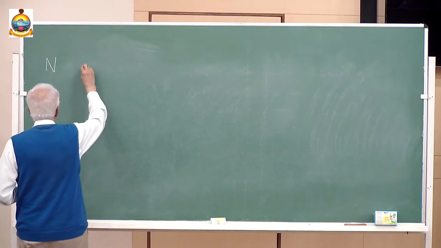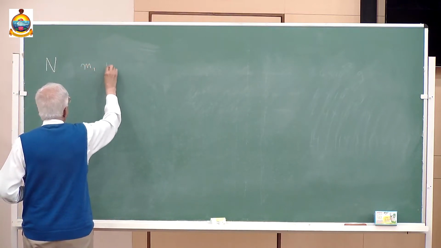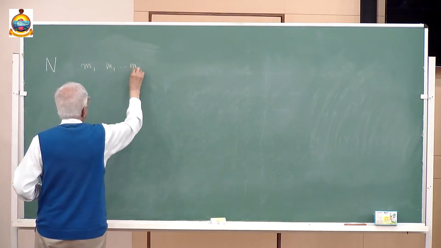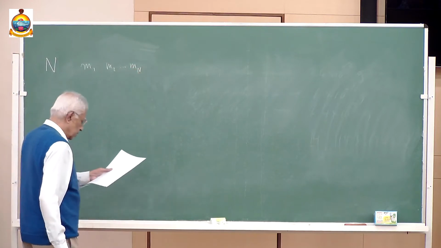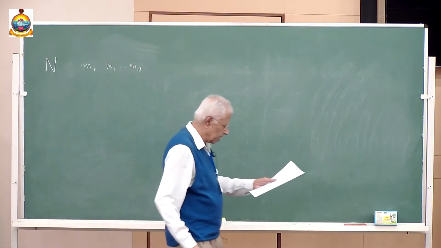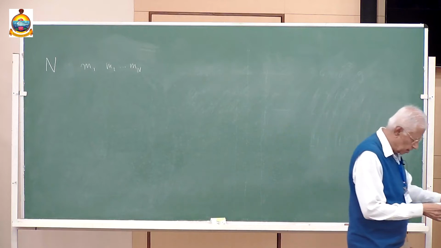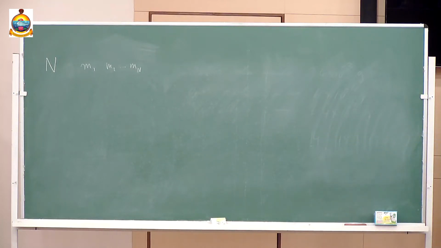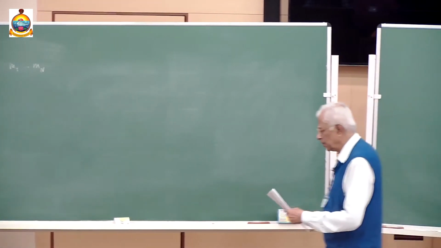So we have n point masses with masses m1, m2 up to mn. They are moving around in three-dimensional space, and their motion is being described in an inertial frame, and I have given you the physical background for the idea of an inertial frame.